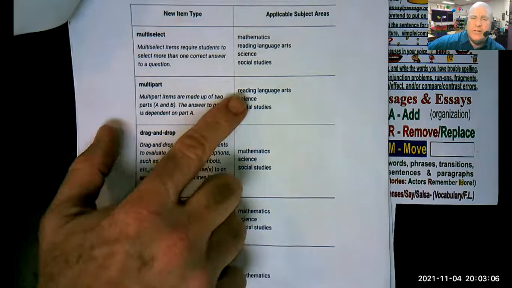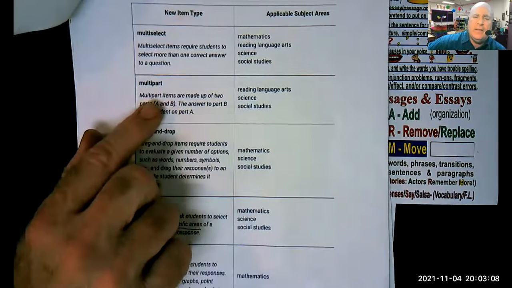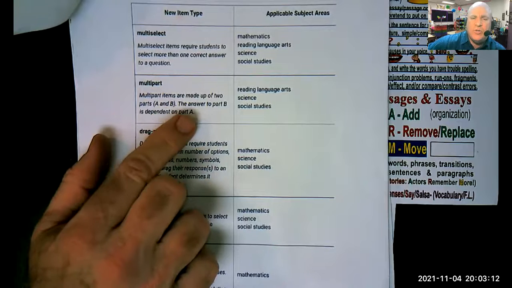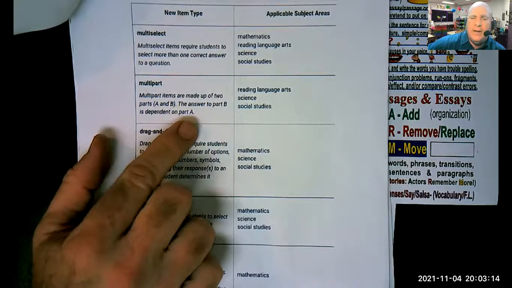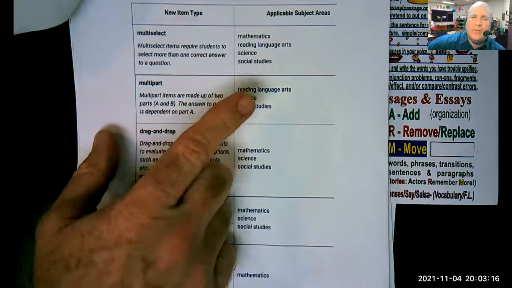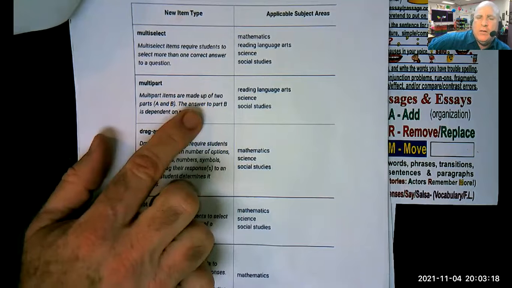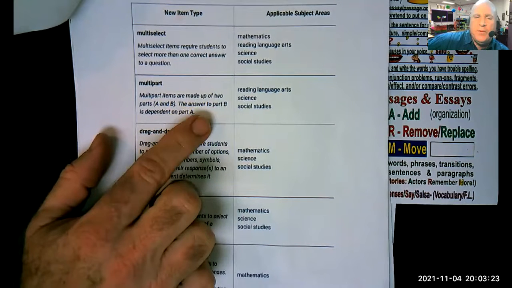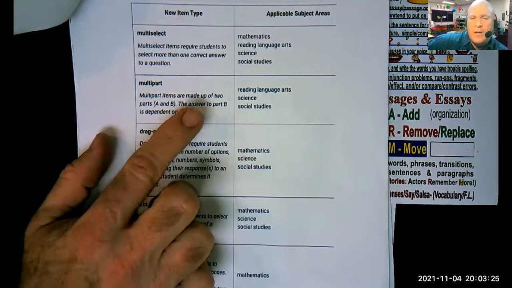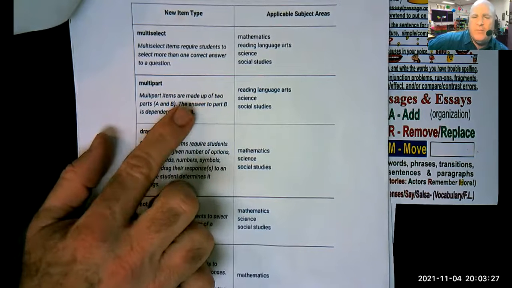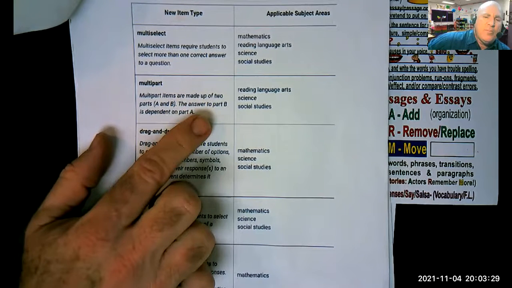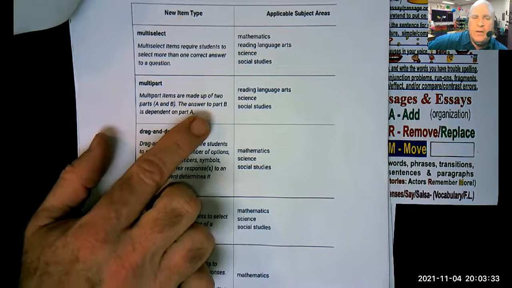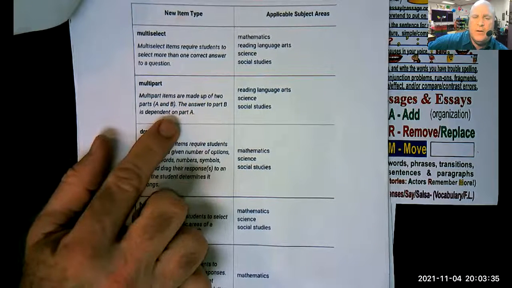In reading language arts, science, and social studies, it's dependent on each other. The answer to part B is dependent on part A. For reading language arts, one example would be the cause and effect relationship. The effect depends on the cause, the compare and the contrast, the conflict versus the resolution, the pros and the cons. The answer to part B is dependent on part A.